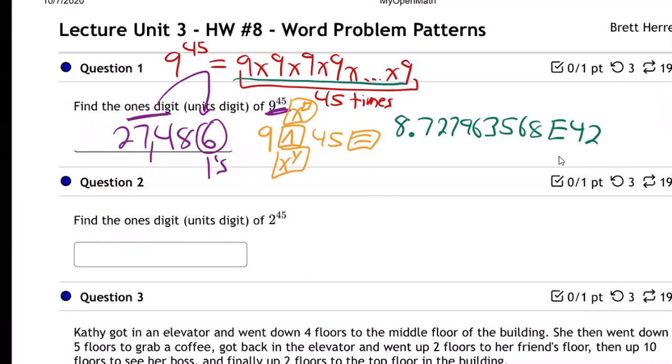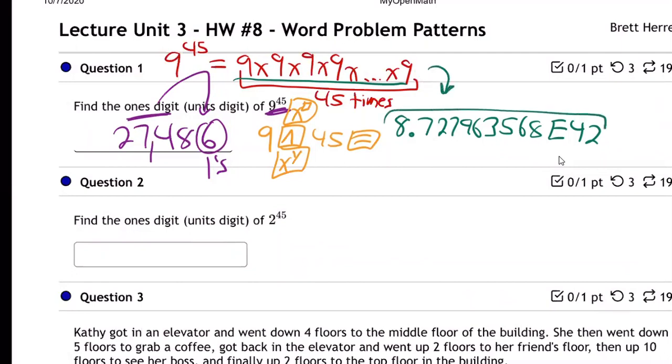Okay. So you guys able to get that? 9 to the 45th power? Or whatever yours is. So, okay, what's the answer to the question? What's the ones digit for that? No, that is 9 to the 45th power right there. That entire number is 9 to the 45th power.